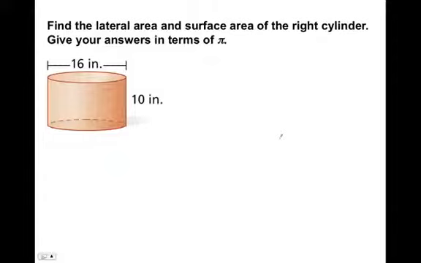So here they want us to find the lateral and total. Here they want us to give our answer in terms of pi, which means that symbol pi should remain in our answer. So let's look at the lateral. Here's my formula for lateral surface area of a cylinder. We have a radius, we have a height.